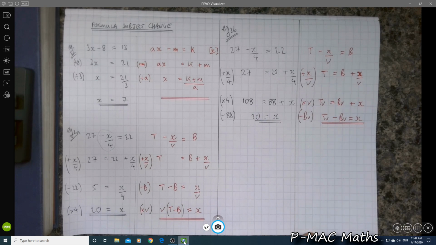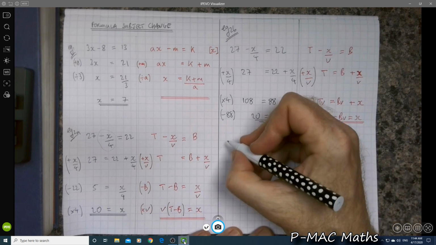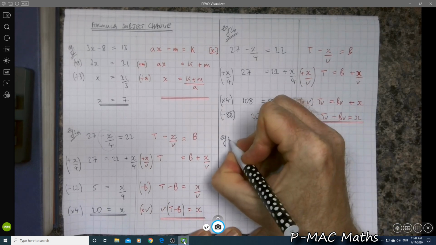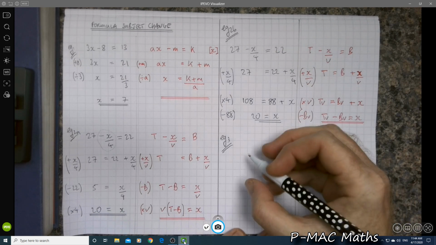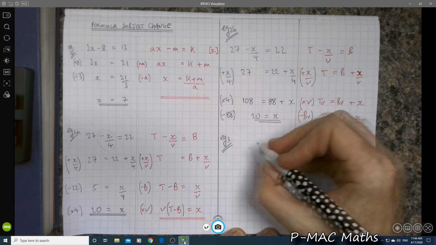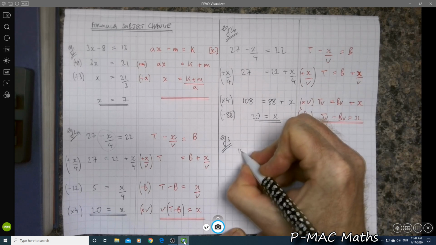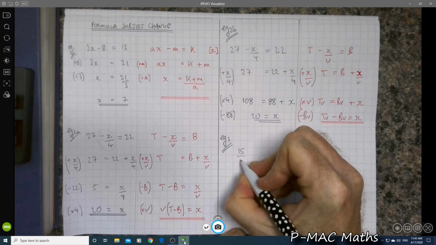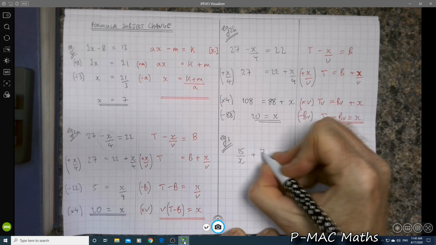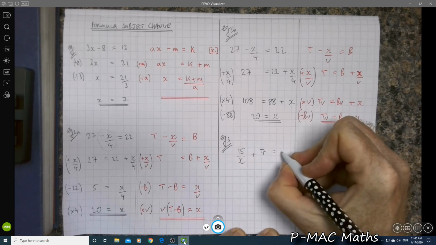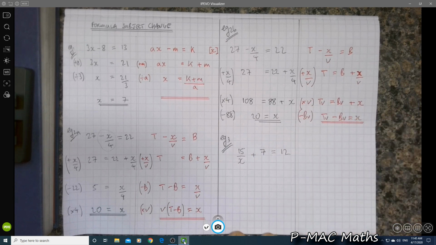Right, let's do another example. So let's look at an equation where we have x as a denominator in a question. So let's have 15 divided by x plus 7 equals 12.